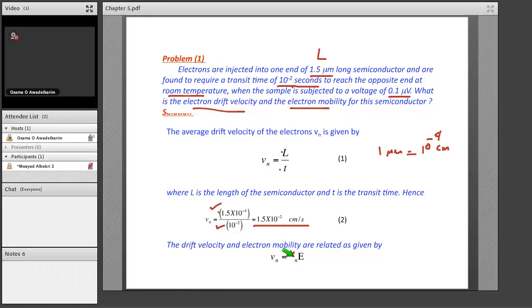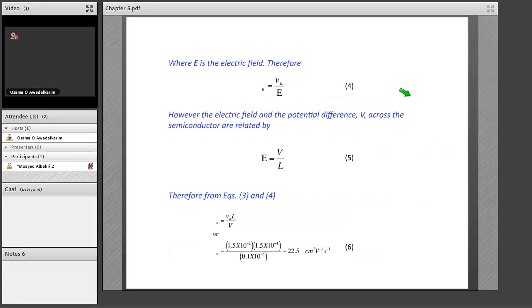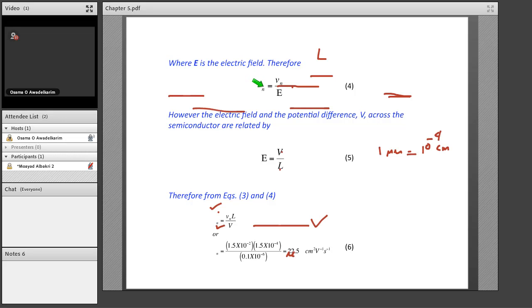So now we know the drift velocity, and if we know the electric field that is applied, look, here the voltage applied is 0.1 microvolts. So let's go here and determine the mobility. Okay, the mobility mu n is actually from this equation here.